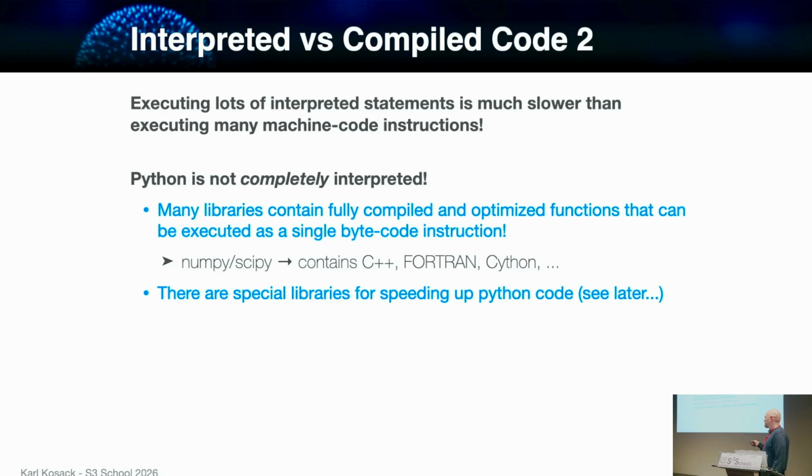That's one of the reasons why NumPy and SciPy have to be compiled before they're installed, or when you type pixi install, you're actually getting a pre-compiled version, and it depends on which architecture it was compiled on, which type of computer you have, what features it has. And there are actually versions of NumPy and SciPy, I'll mention this later, that are compiled with special features to support modern architectures and things like that.